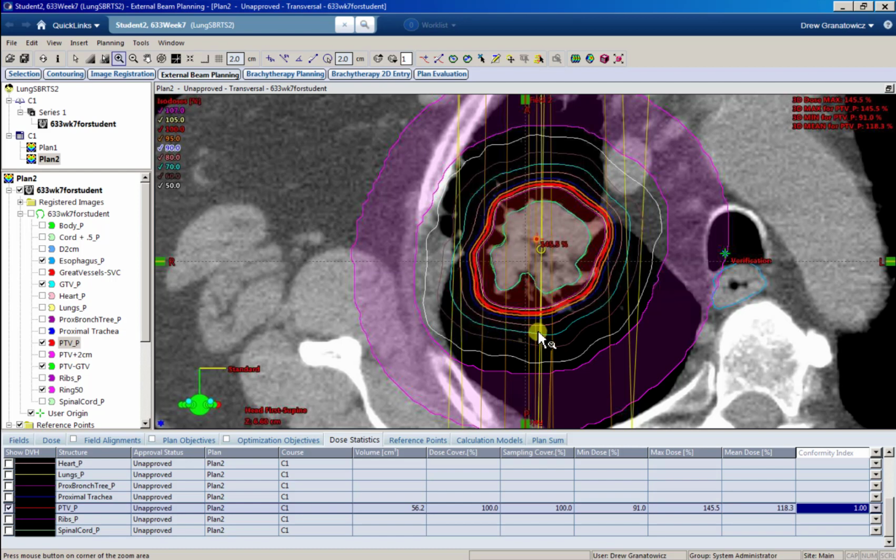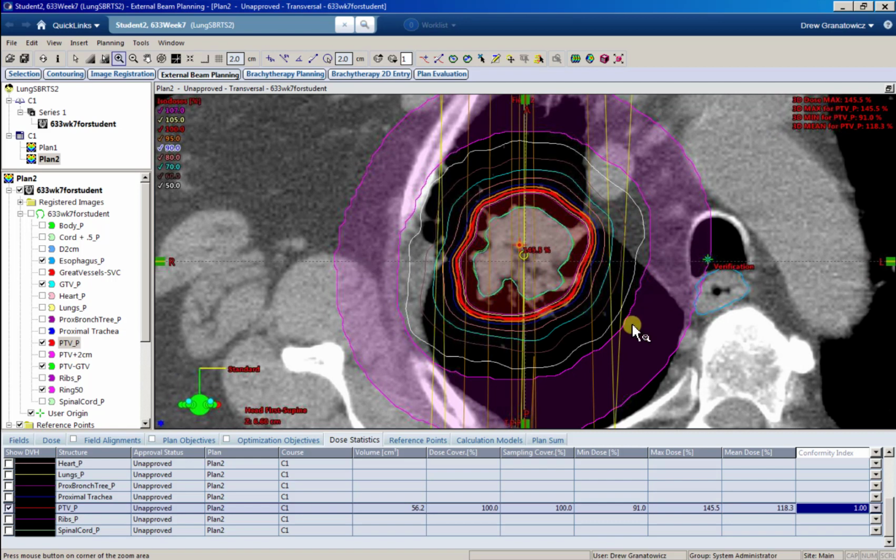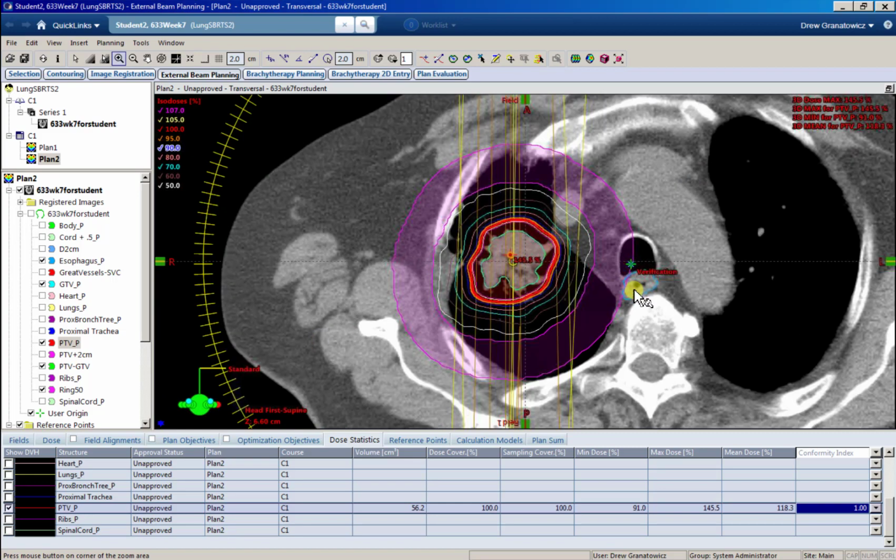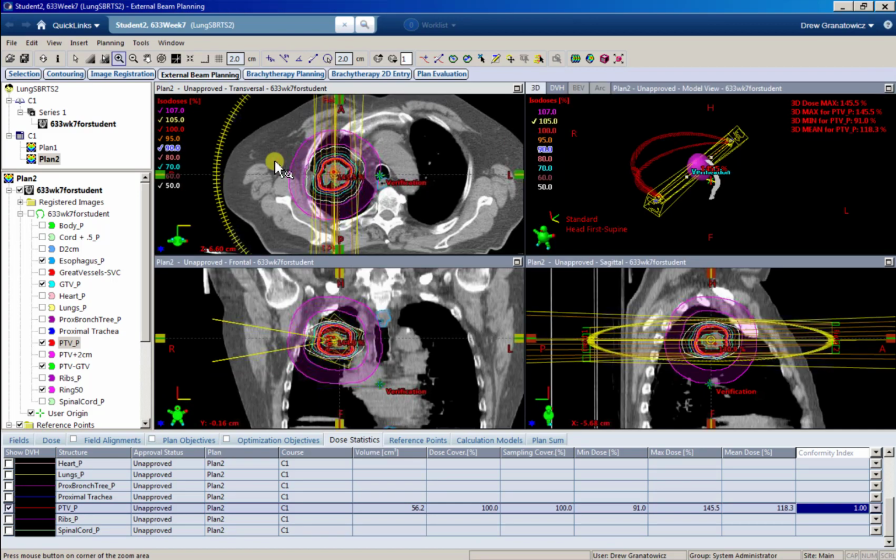Maybe you have to create a cold spot contour, right, to get all those cold spots and put that in the optimizer. From here, you would treat it exactly like you treat any other plan. If you're failing a constraint or objective, you're just going to push on that in the optimizer in your second run.